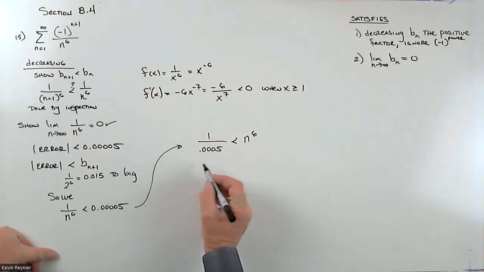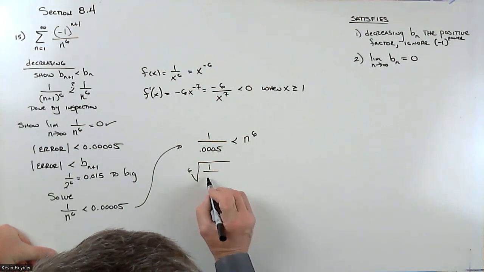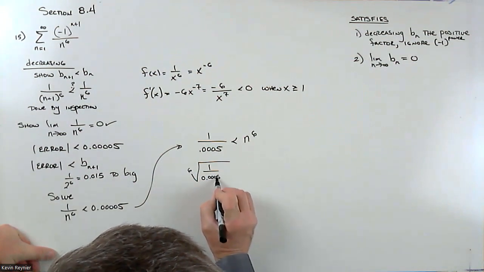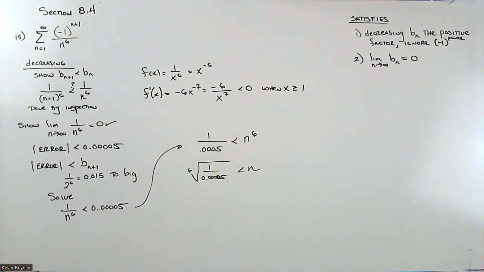And now, if we take the 6th root of both sides, and so if we ask our calculator what that is, right? I don't have a calculator on my phone, but we can get by doing that on the phone. So we have 1 divided by 0.00005.